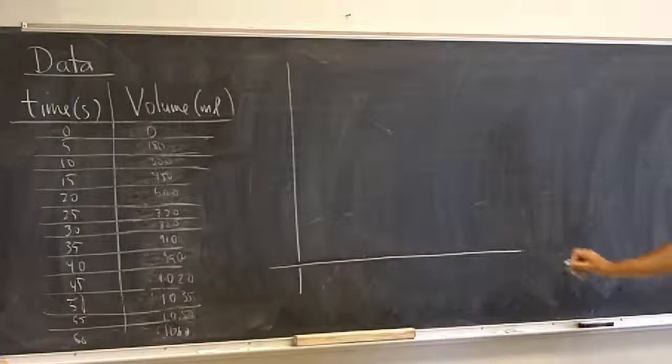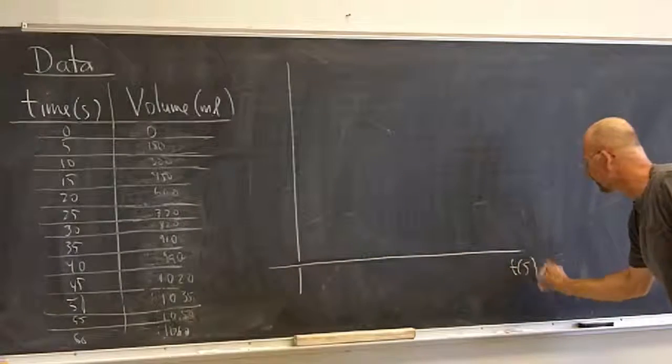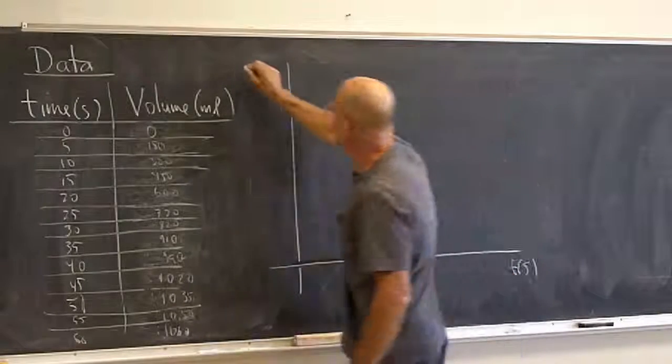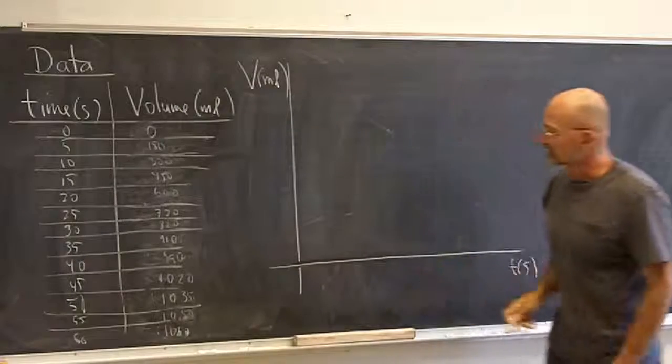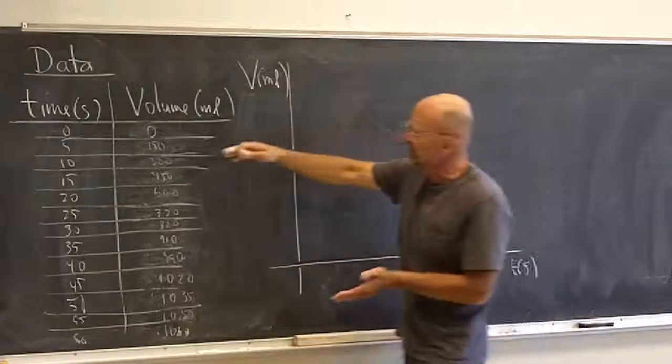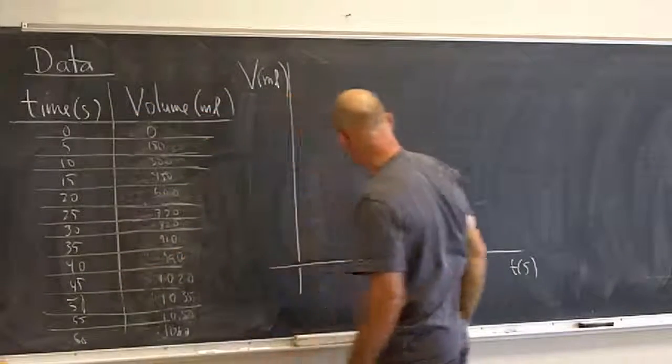And here's our time axis in seconds. This is our volume axis in milliliters. And we've already looked at the scale. We'll look at it again. We have 0 to 60 seconds here.